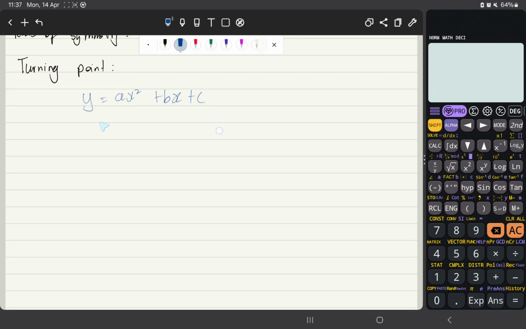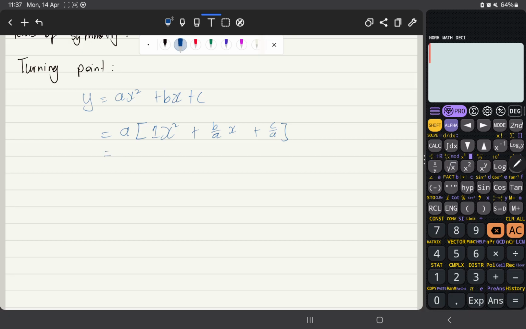On this thing, the first thing, you're going to have to take out a, because the coefficient of x squared has to be 1. It must be 1. That is why we are taking out a. Then here you have b over a x, and then you have c over a.